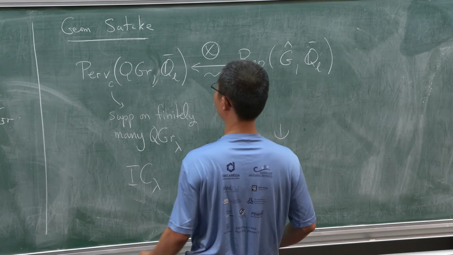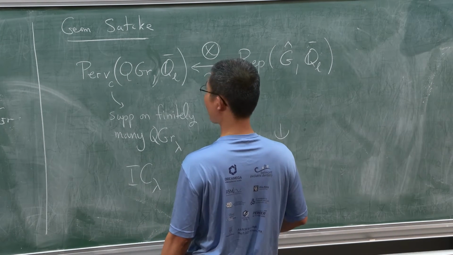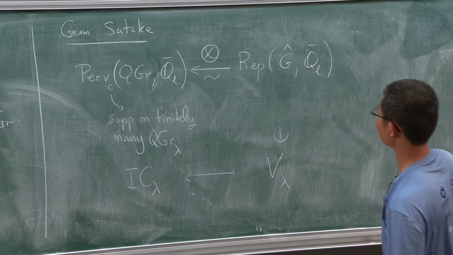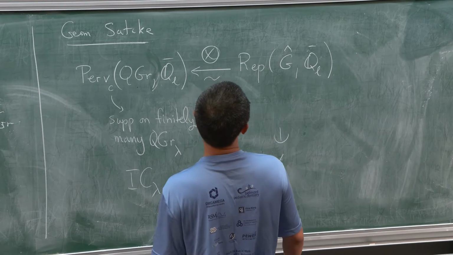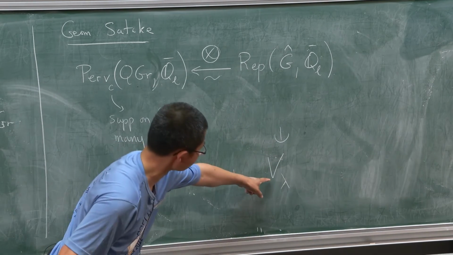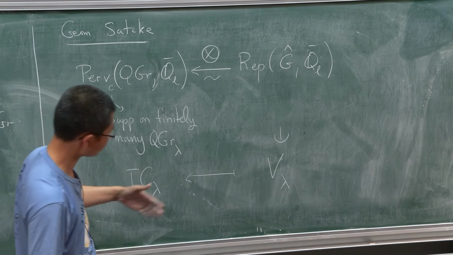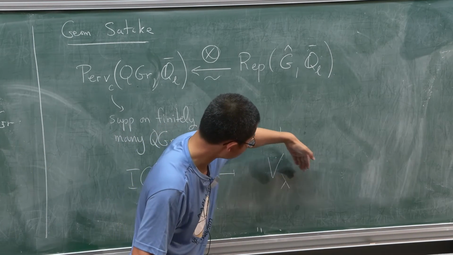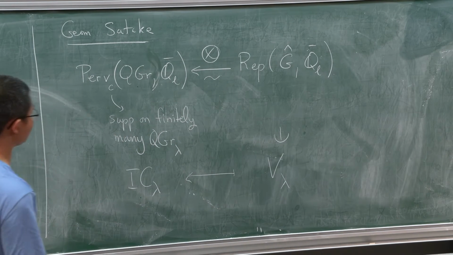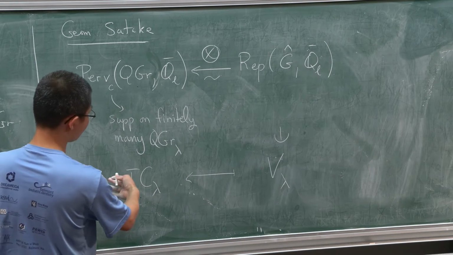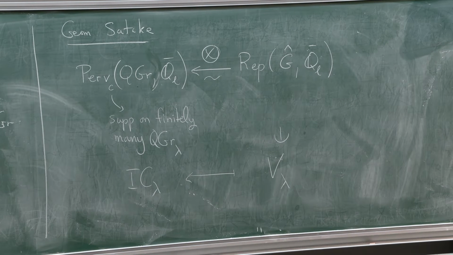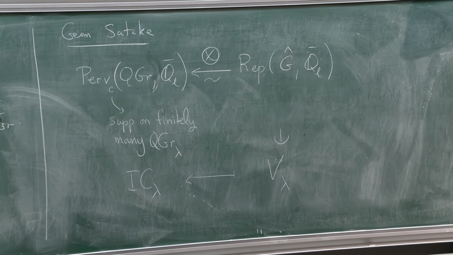But this is kind of in the background. There's more structure to this assignment V lambda to IC lambda, especially when you start tensoring 2 representations, it will get sent to the intersection cohomology complex of bigger strata, and there's a lot of interesting geometry going on there.